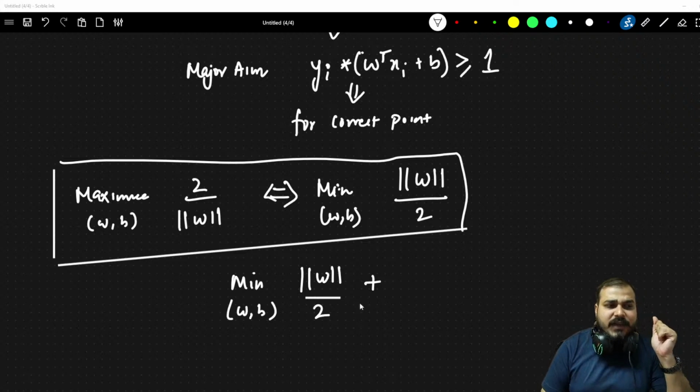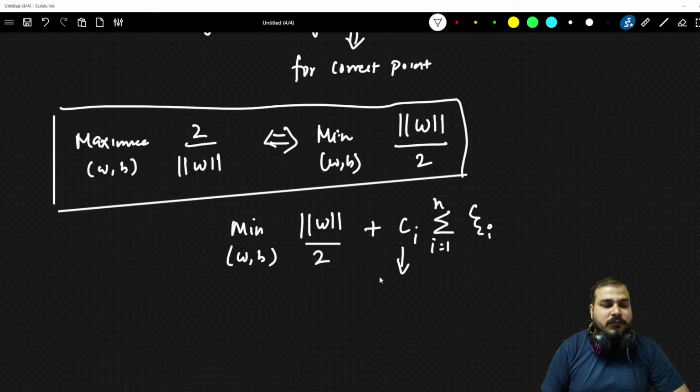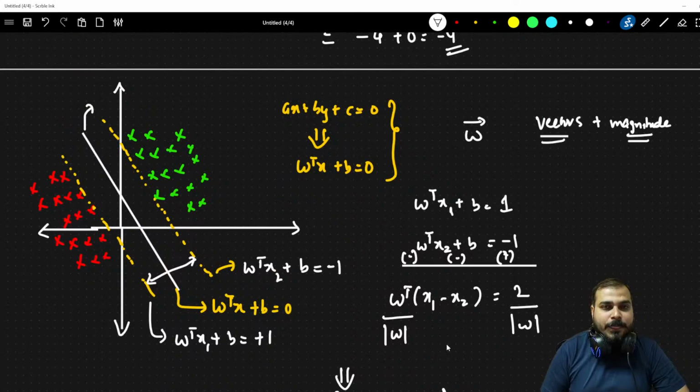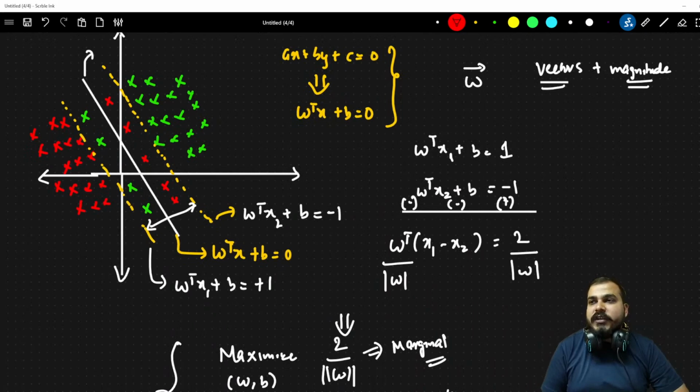But I'm going to add two more parameters in this optimizer. One is C, and one is summation of i equals 1 to n, and here I will use something called eta of i. First of all, I'll tell what C is. See, if I have these data points, and let's say some of my points are over here, is it a right prediction or wrong prediction?